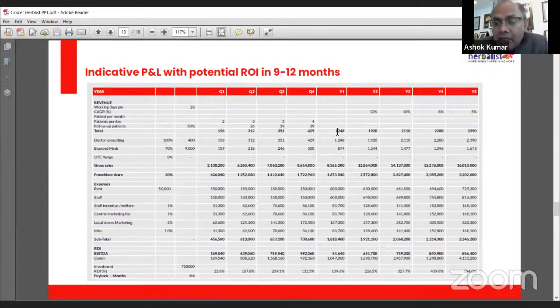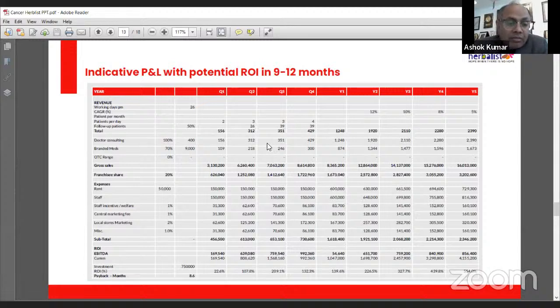So in the entire year, that's only 1,300 patients visiting your clinic for the treatment you are offering. If you translate that to per day, it is around 4 patients per day, right? Which is a very conservative and low number.